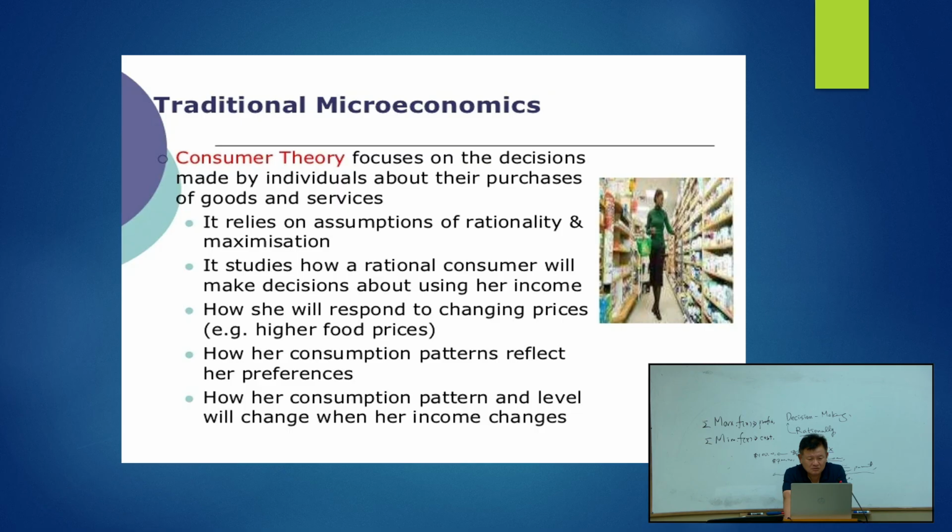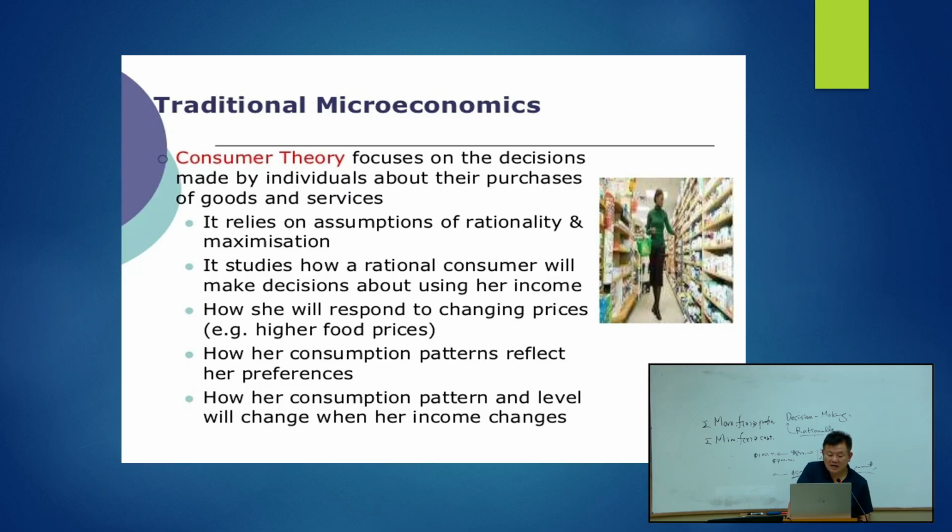Also, how customers' consumption patterns reflect their preferences. Preferences are one of the decision factors. Do I like the hamburger style or the pizza style? This is the consumption pattern.